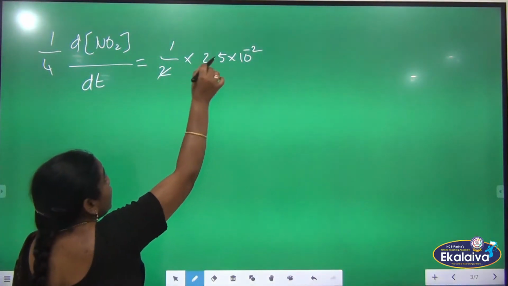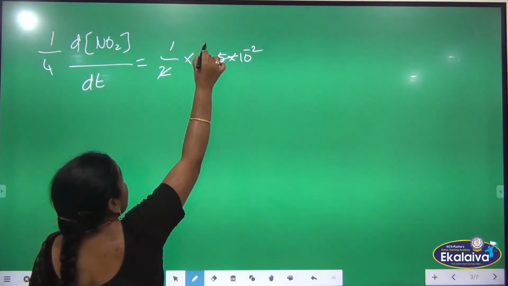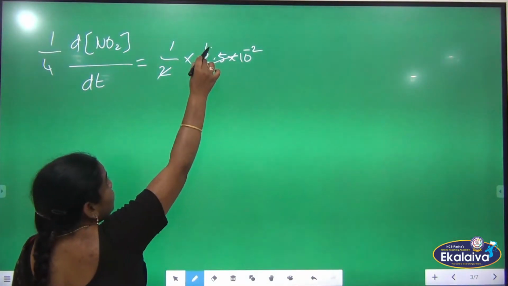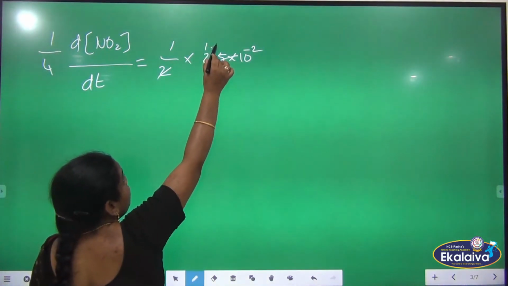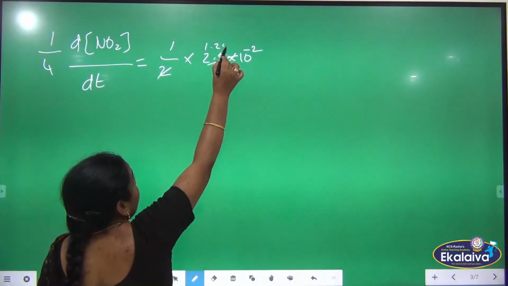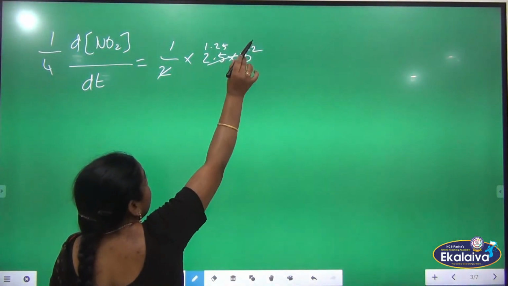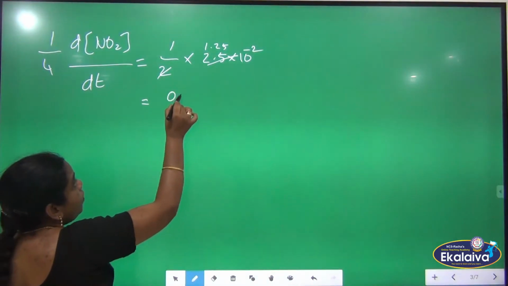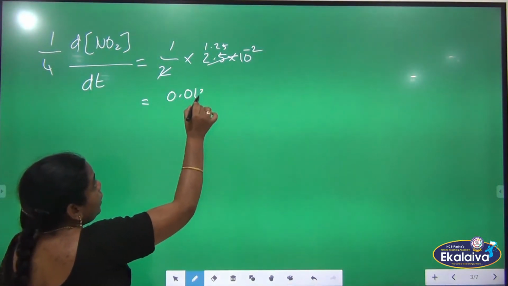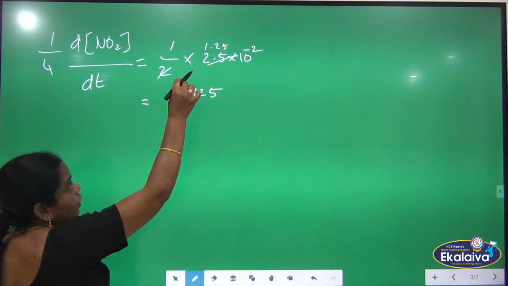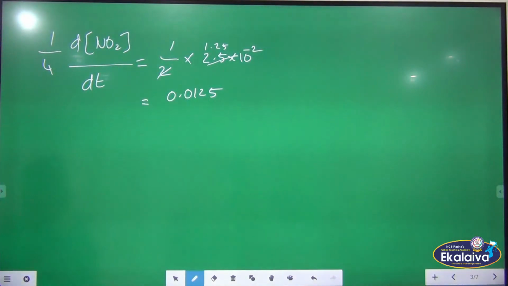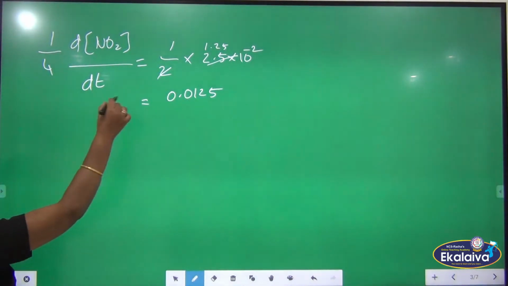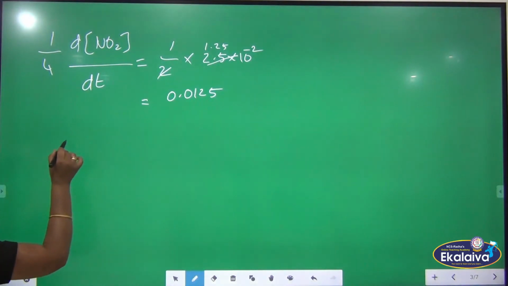Now you want to cancel this. 1 2s are 2, and then 2 2s are 4, so 5 into 10 to the power minus 2. This can be written as 0.0125. And 1 by 4, you have to take the 1 by 4 to that side.